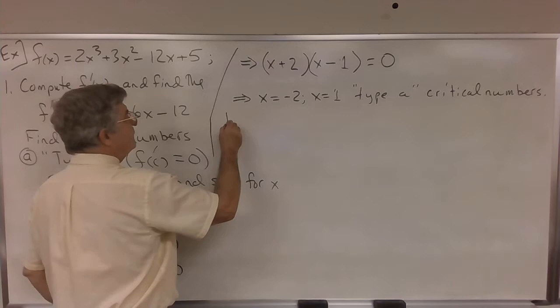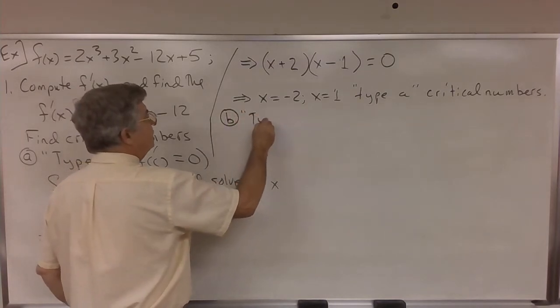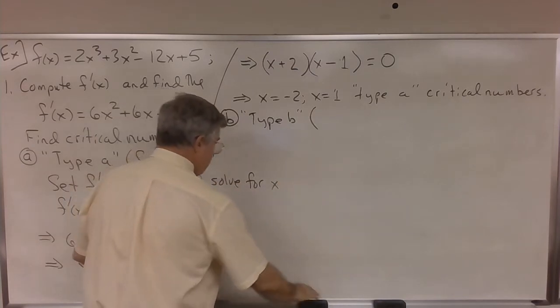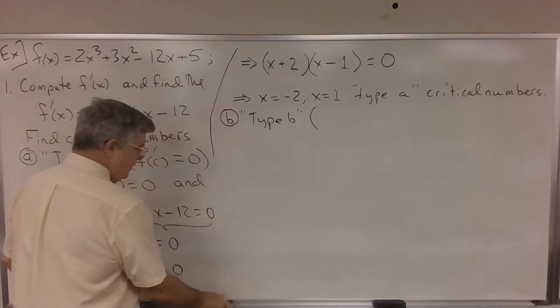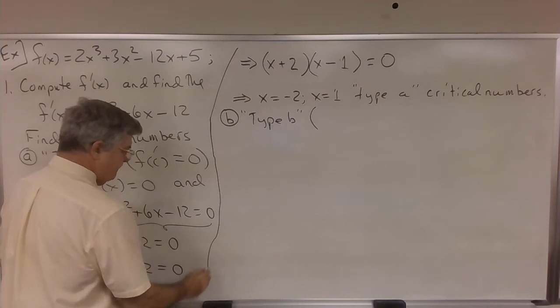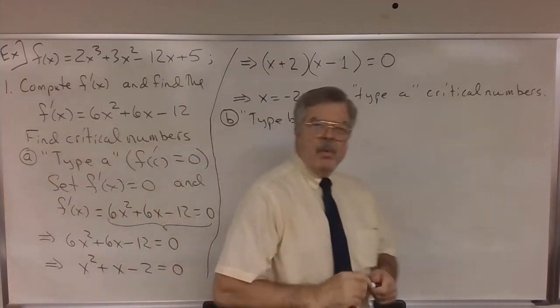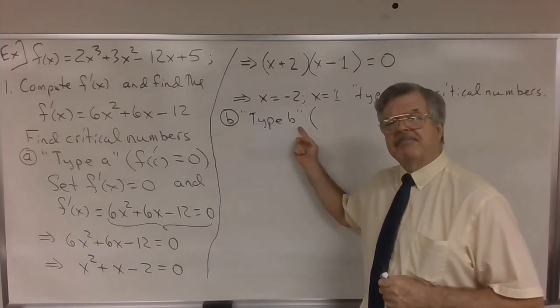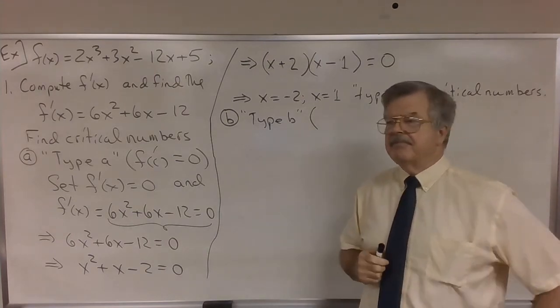I need to look for type B critical numbers also. And let me ask you something. What is the identifying characteristic of a type B critical number?